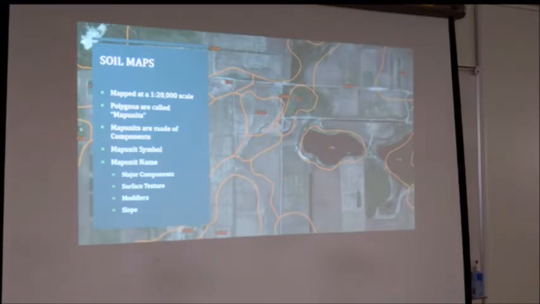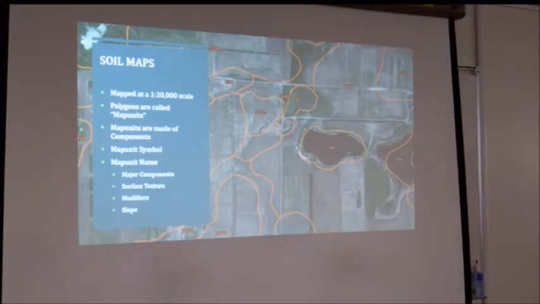Sometimes they can look weird, sometimes they look kind of blobular, but these polygons we call map units, and these map units are comprised of what we call components, which are the soils that are within that map unit. So they grouped like soils together into these polygons, so we couldn't map out each individual soil. That would have taken a lot of time, a lot of effort, and the map would look a lot more busy and not as easy to read.